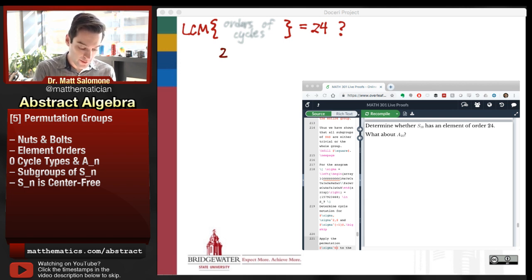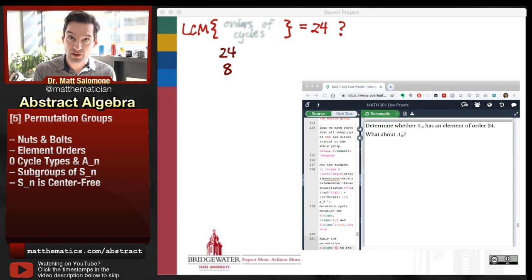Well, the least common multiple of 24 with itself, of course, is going to be 24. If I have 12 as part of this, I can't do 12 and 2, because 2 is already a divisor of 12, so that's not helpful. So I've got to go to a smaller factor of 24. I've got to go down to 8.